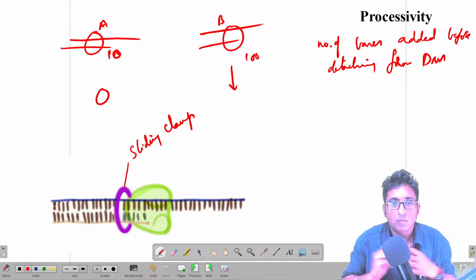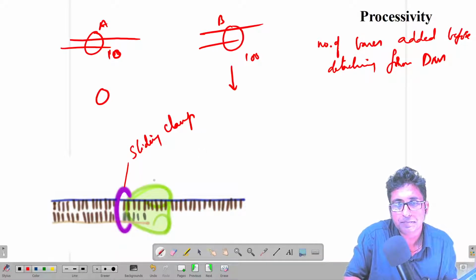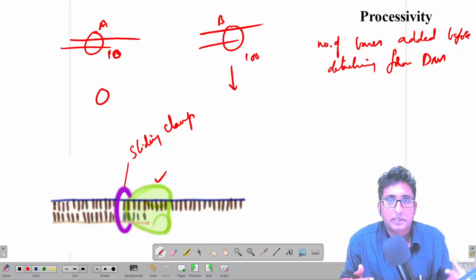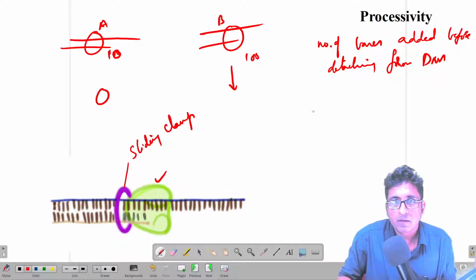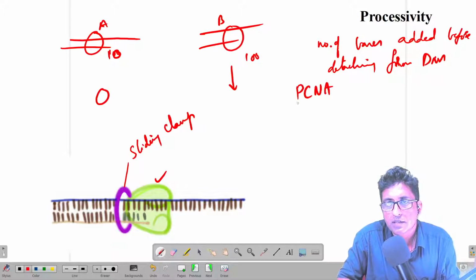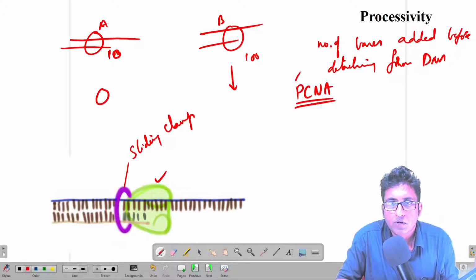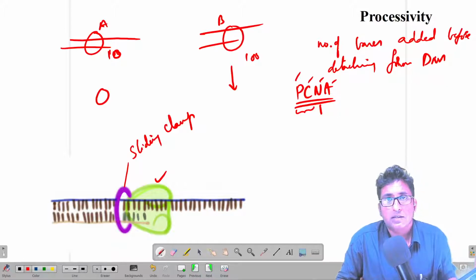So that is how the sliding clamp increases the processivity of the DNA polymerase dramatically. In prokaryotes, we just call it the sliding clamp. In eukaryotes, it is labeled PCNA, proliferating cell nuclear antigen, which means that it is present in the nucleus and in proliferating cells that are rapidly dividing.